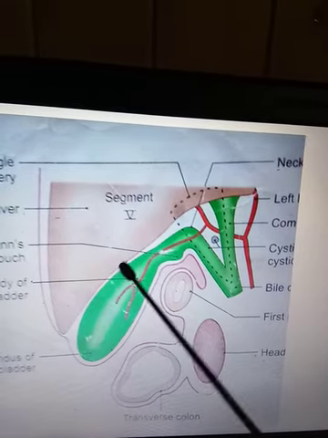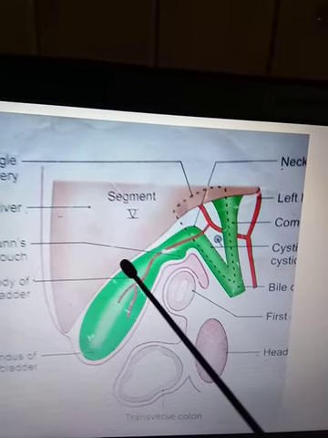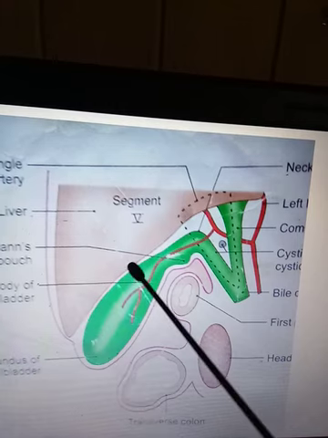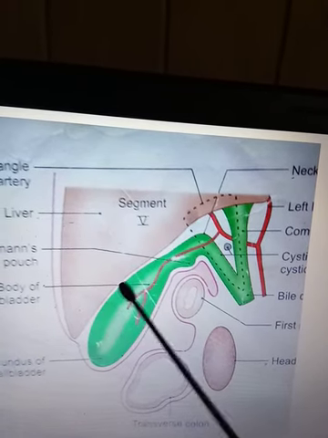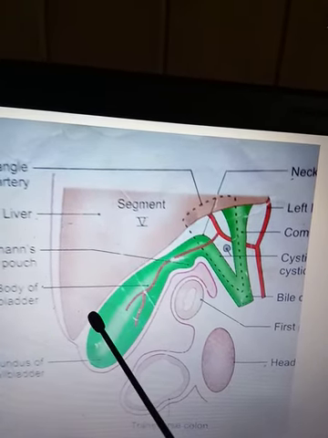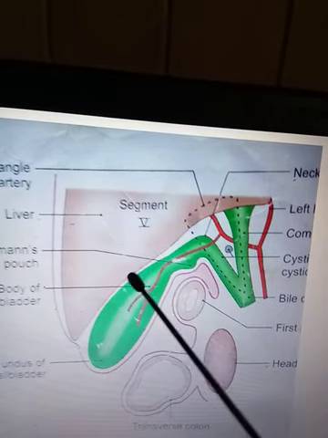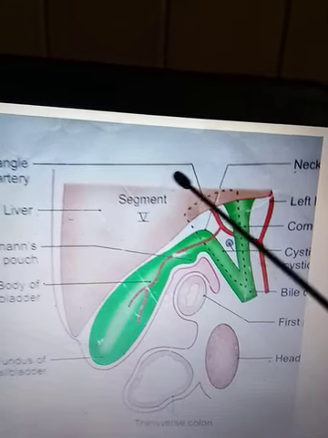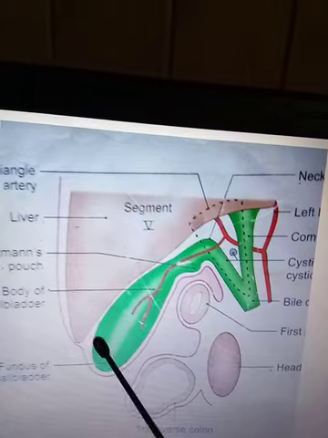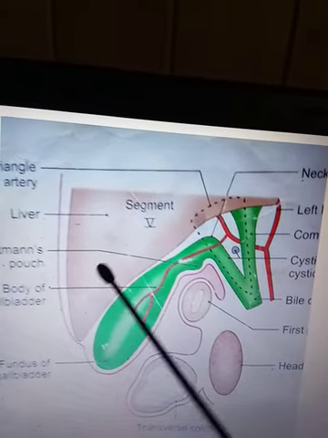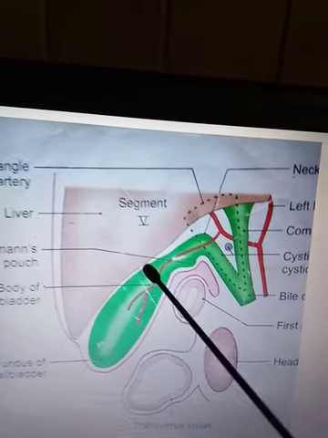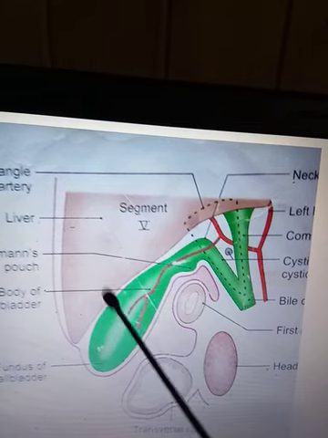The body of the gallbladder is present in the gallbladder fossa. This gallbladder fossa is present on the right lobe of the liver inferiorly. Here you have the gallbladder fossa, and this body is just adherent to this gallbladder fossa.